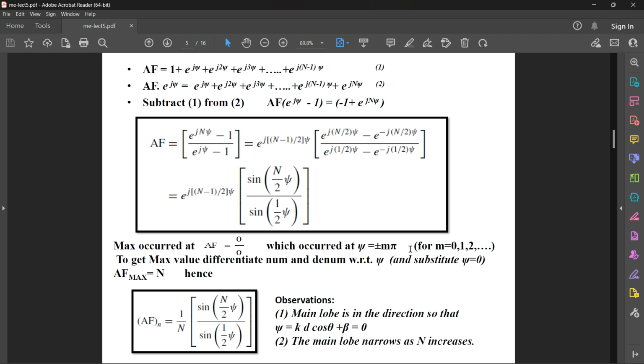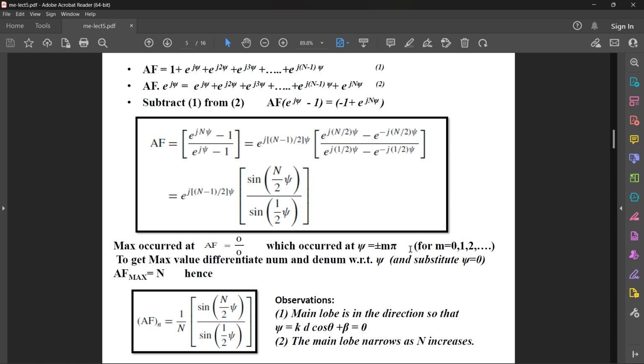So it has been written as e to the power j into n minus 1 by 2 into psi, because whenever we use lambda by 2 dipoles, it has been replaced with n minus 1 by 2. So e to the power j n minus 1 by 2 into psi into e to the power j n by 2 into psi minus e to the power minus j n by 2 into psi divided by e to the power j 1 by 2 psi minus e to the power minus j 1 by 2 into psi.